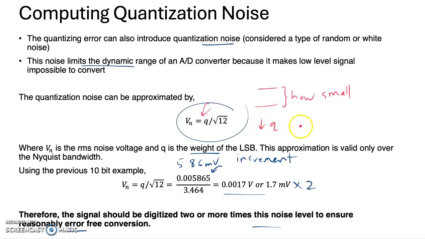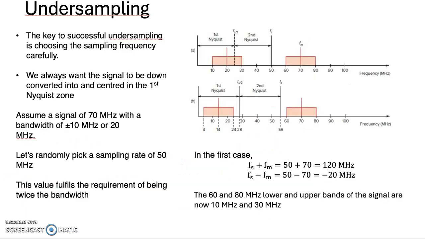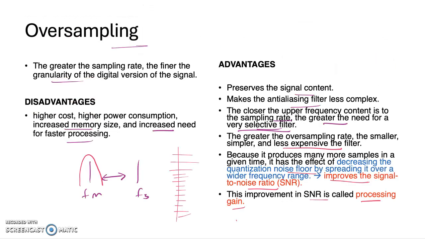If Q decreases, then noise also decreases. So when we have a smaller noise, this actually improves SNR, and the improvement in SNR is called processing gain.